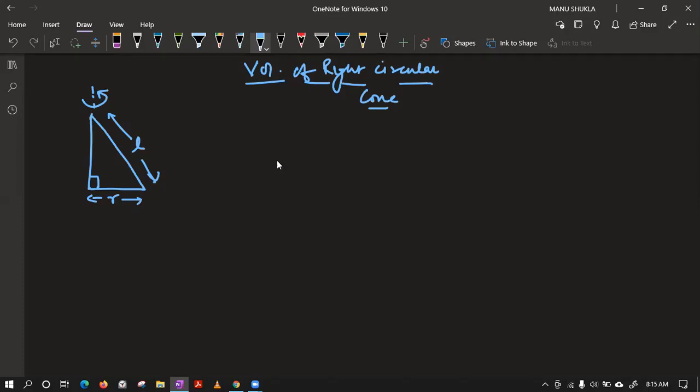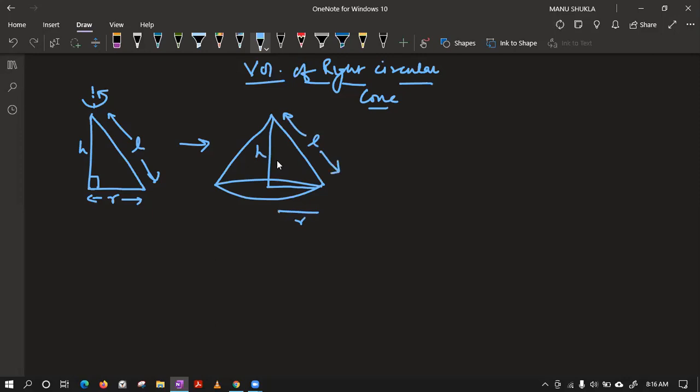Then we obtain a cone like this, in the shape of a tent. This was your height, this was your radius, and this was your slant height. So we have done the CSA part, which was pi r l, and the TSA as pi r l plus pi r square.